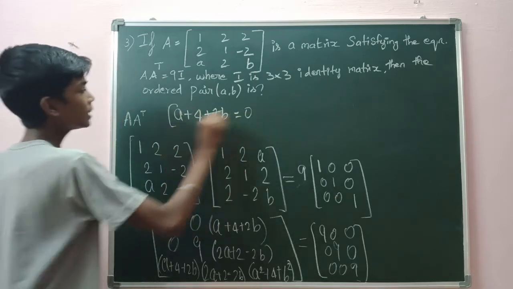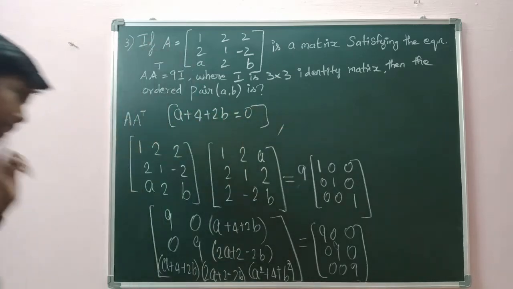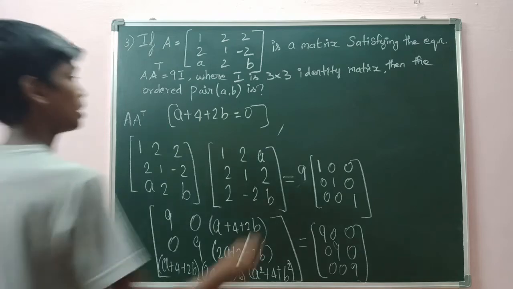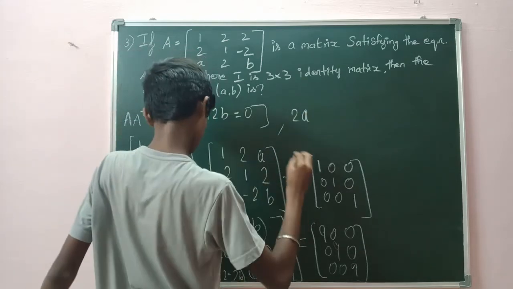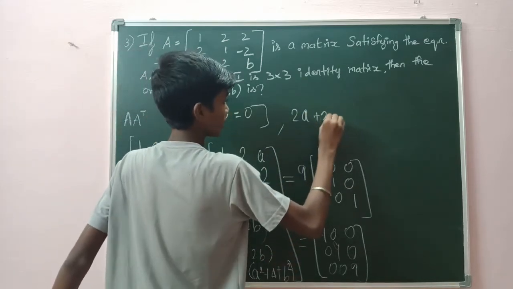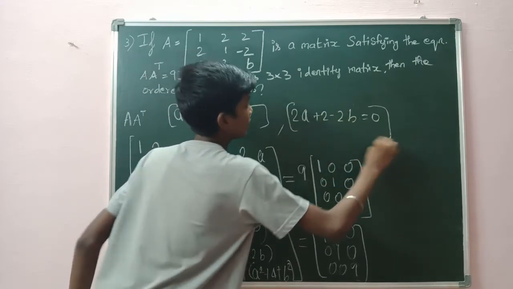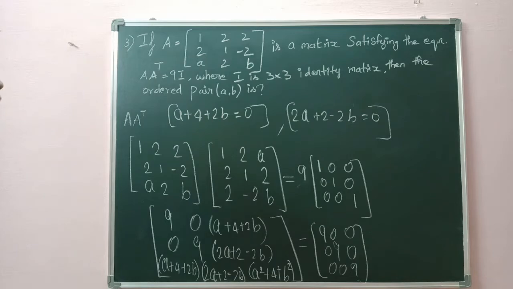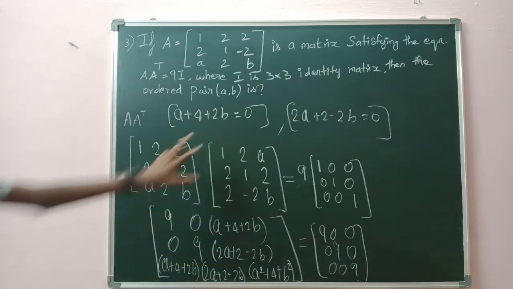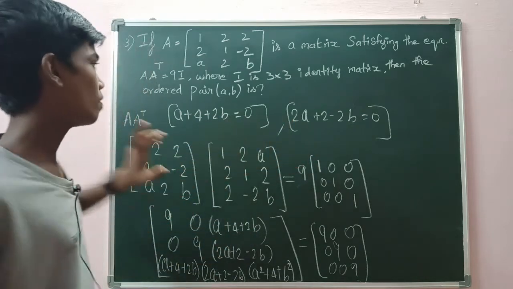That's one equation. And another equation, 2A plus 2 minus 2B is also equal to 0. That's the other equation, and that is something we got now. So finally this is good, guys.